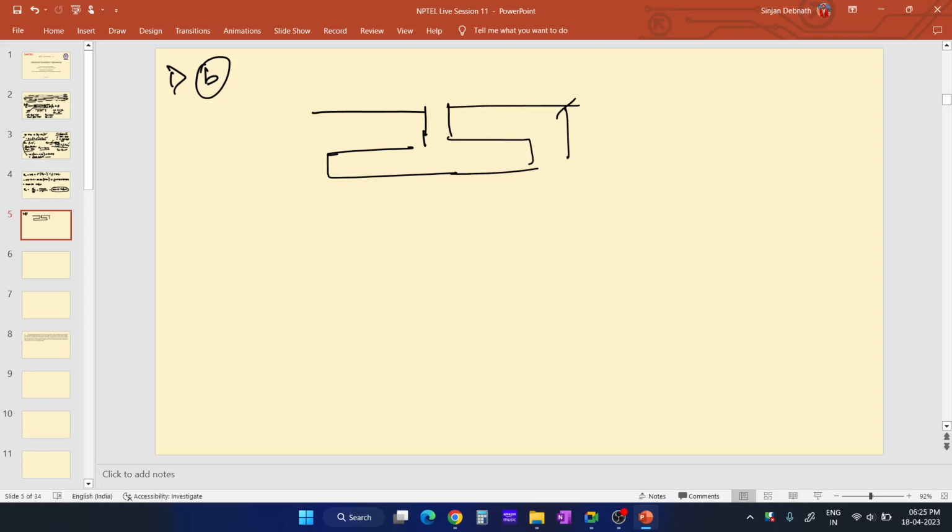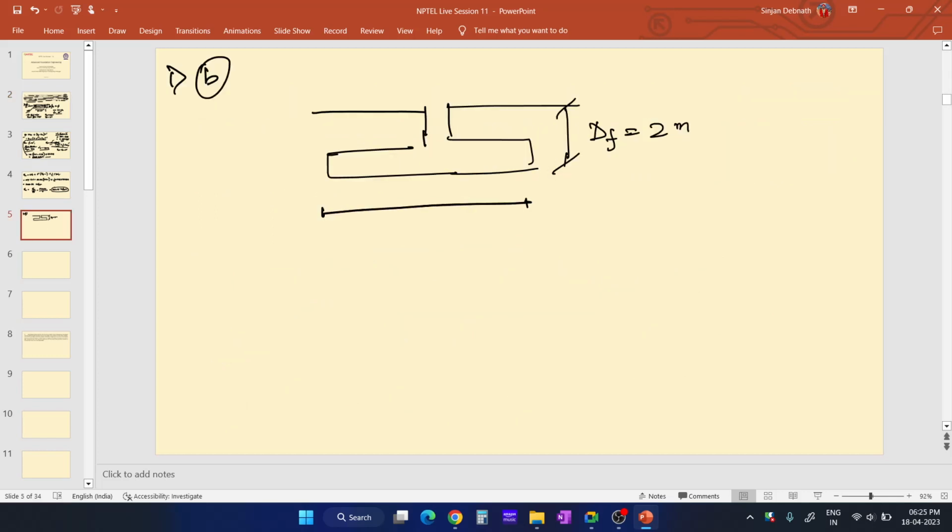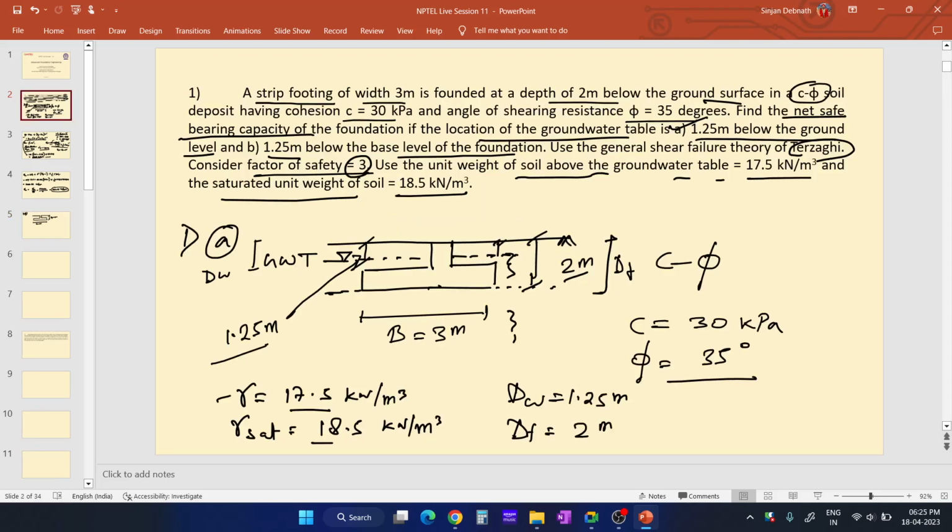The depth of the footing, Df, is equal to 2 meter below the ground surface. Width is 3 meter. And in this question, the groundwater table is 1.25 meter below the base level of the foundation.